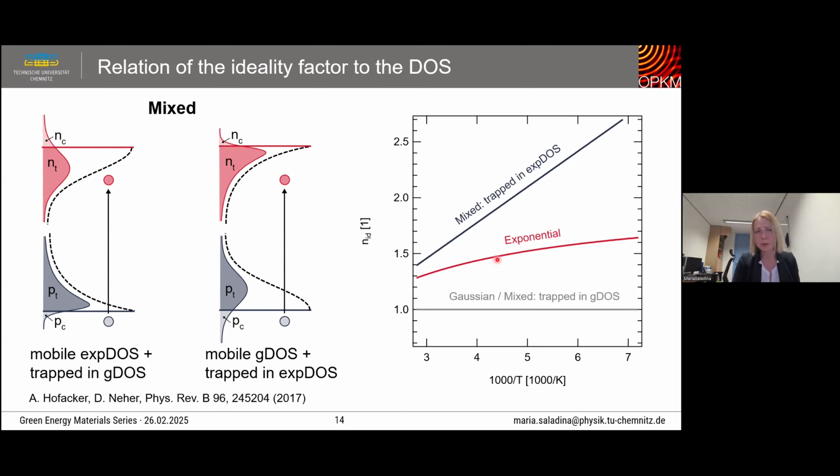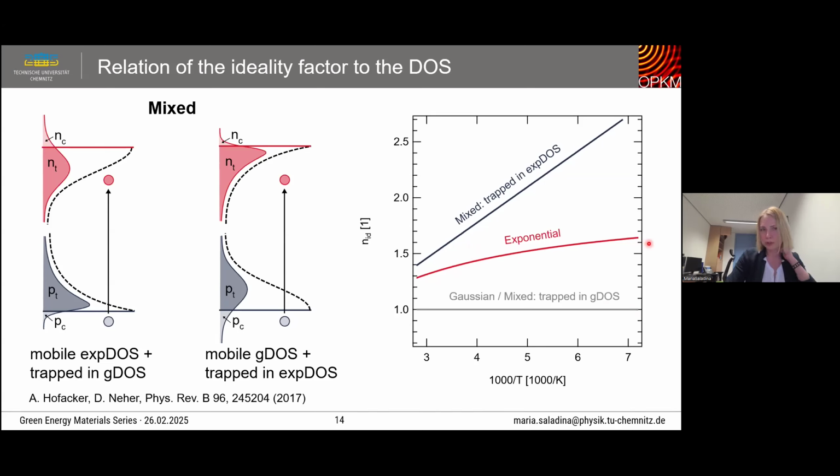Yeah, sorry, it was different. So whenever trapped charge carriers are described by the Gaussian, then we have an ideality factor of unity, and whenever trapped charge carriers are described by the exponential density of states, the ideality factor becomes temperature dependent.